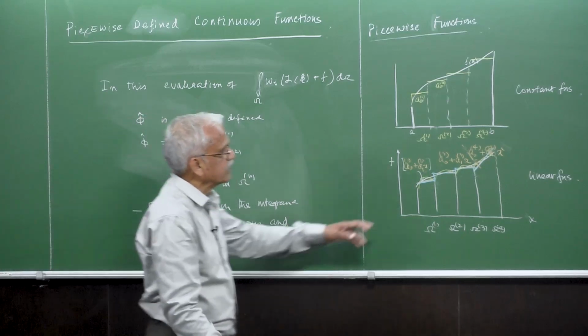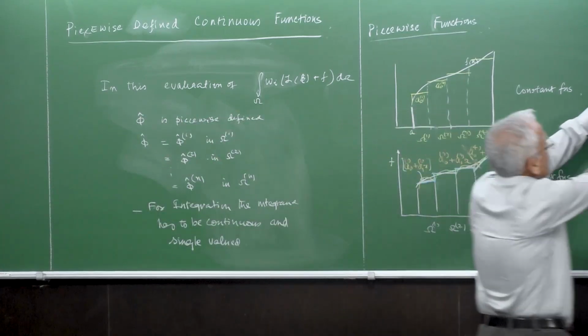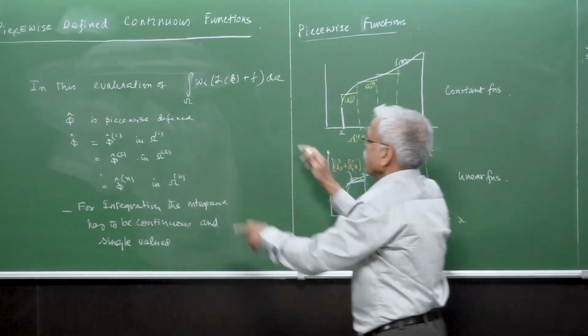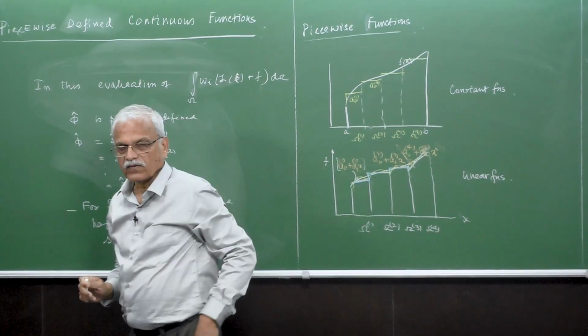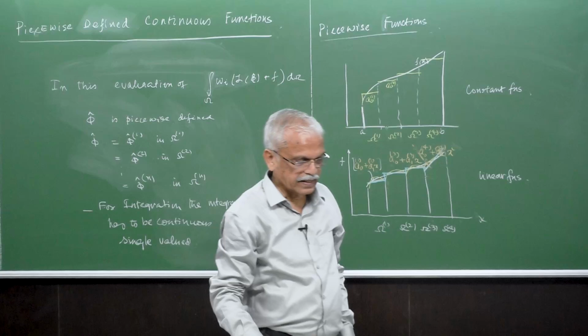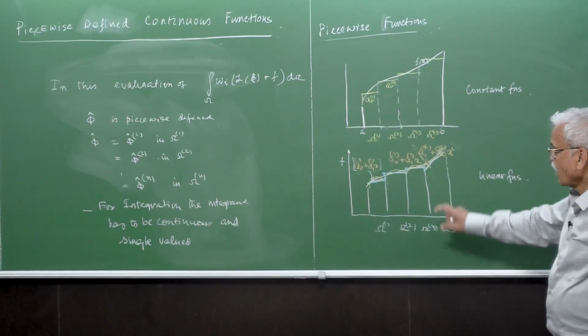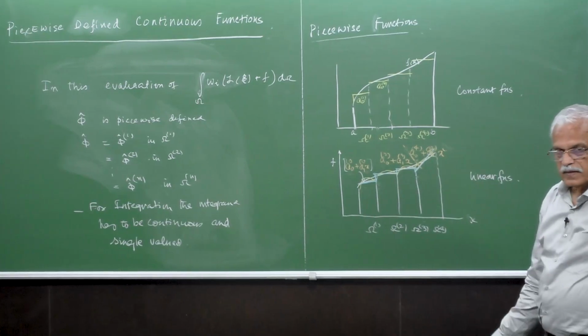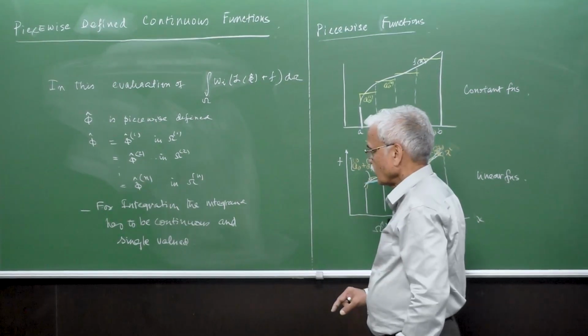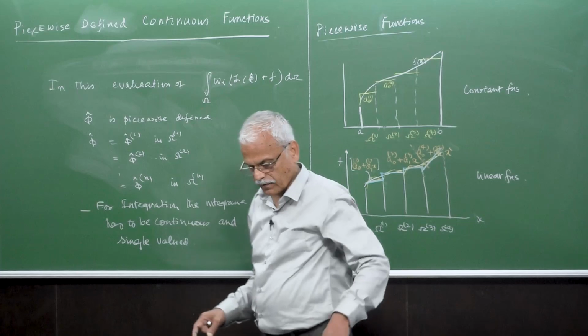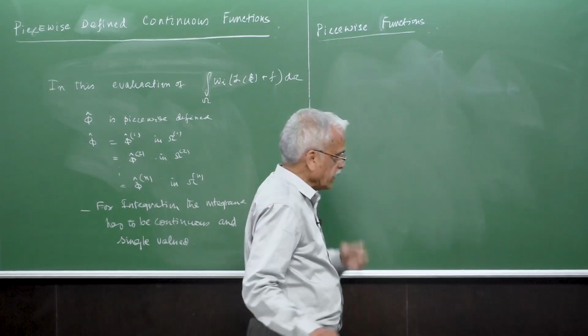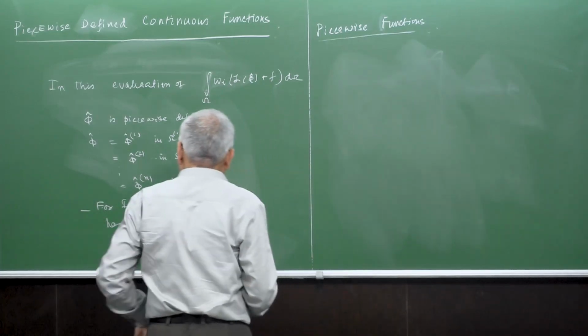So if this has to be integrated, the whole integrand here has to be continuous. Continuous in the sense that it has to be single valued. However, here we have a discontinuity. So let us just look at this one for a while. The function has to be continuous.